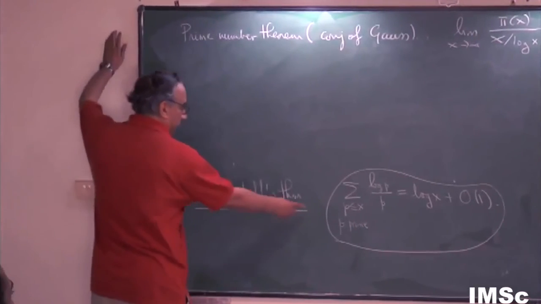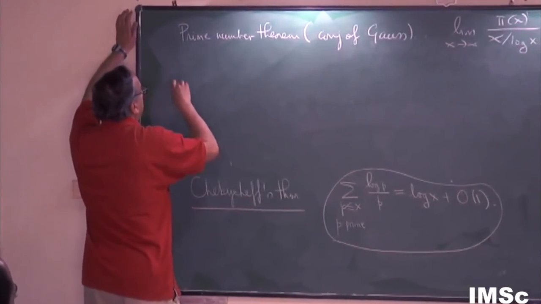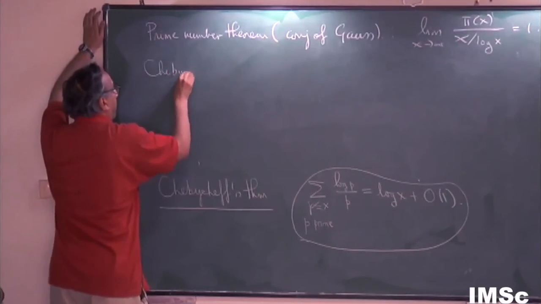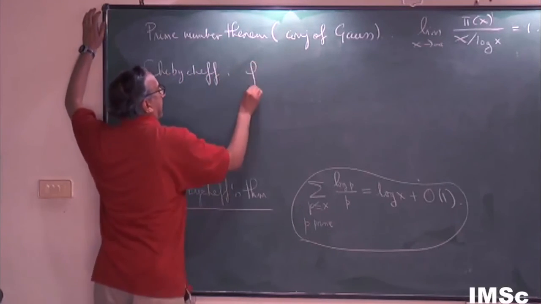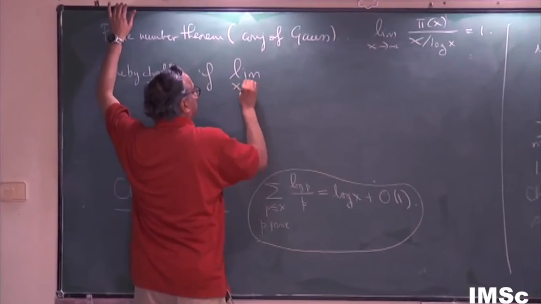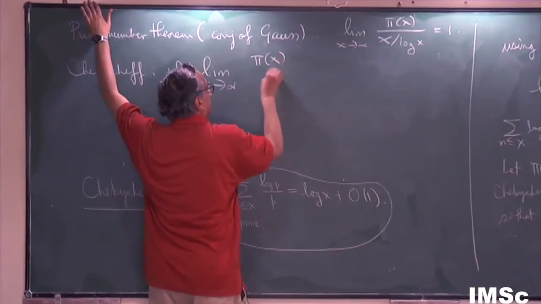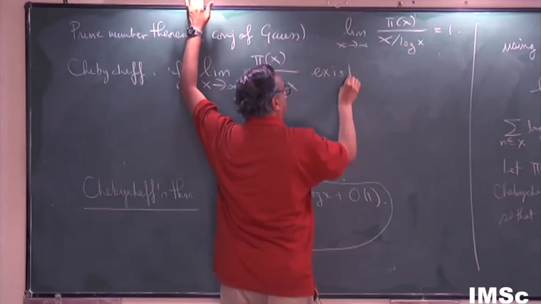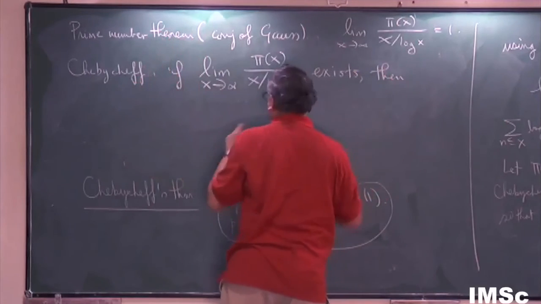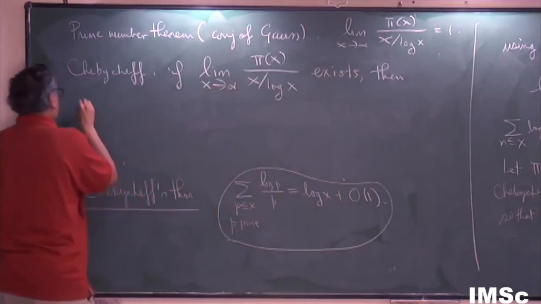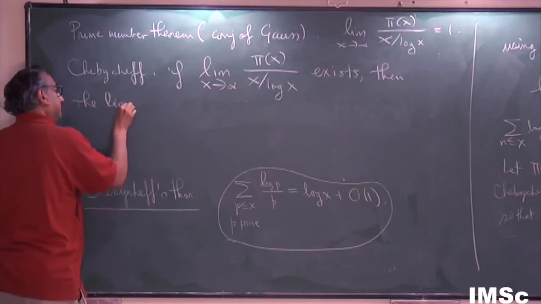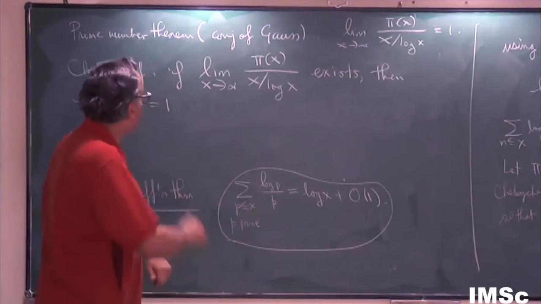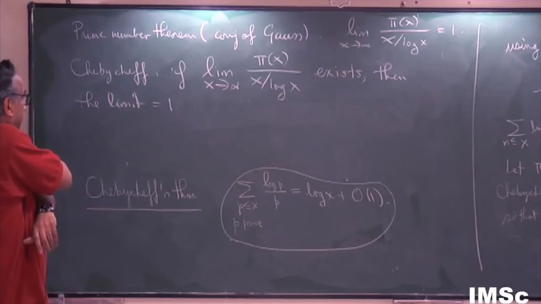And he managed to show, using this particular fact here, that if the limit exists, then it equals 1. The limit is 1. So he managed to get very close, but not right there yet. And how did he do this?